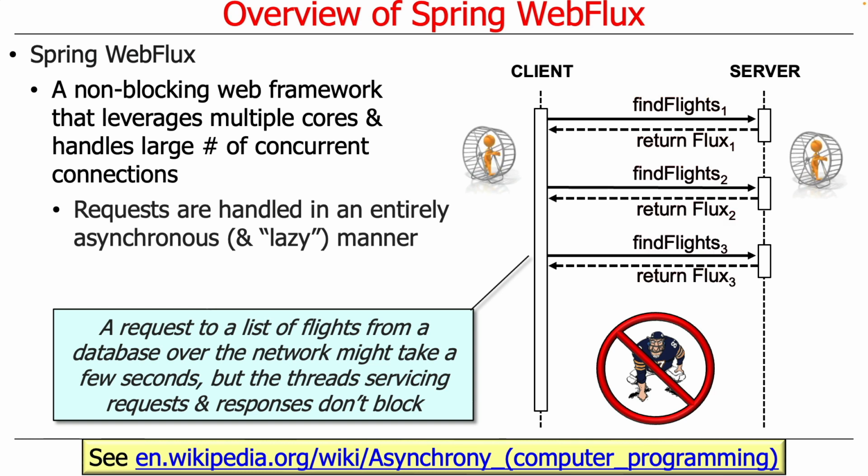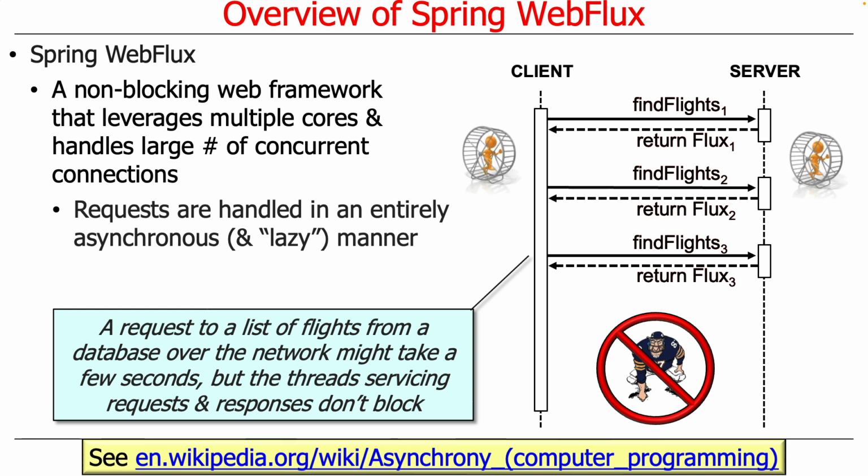So as an example, let's say that we're going to make a request from a client to a server to get back a list of flights. Let's say we have a flight booking application or a flight listing application. If you request the server to send back the list of flights with normal Spring WebMVC, that'll take a few seconds because you have to go across the network.